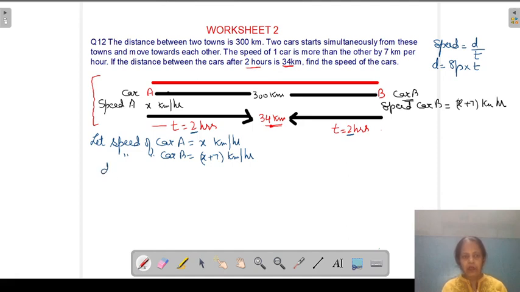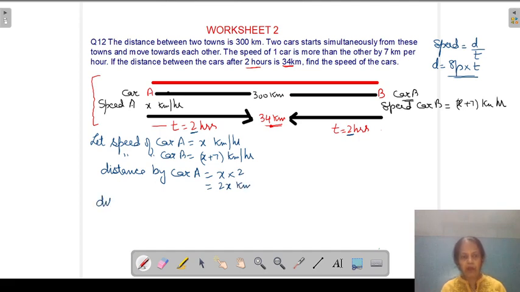The distance covered by car A: the formula is speed multiplied by time. Car A's speed is x, multiplied by the time it is traveling, 2 hours. So 2x is the distance.